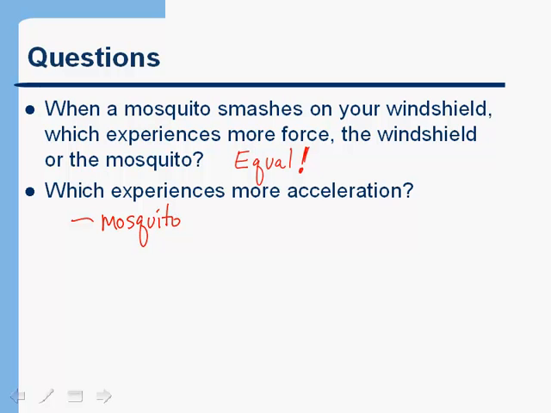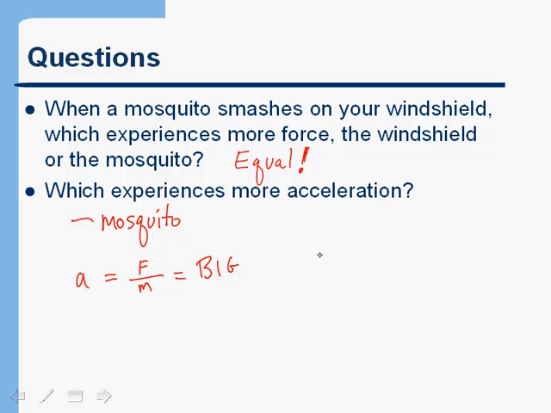The reason for that is, if we look at the acceleration of the mosquito, the force that the mosquito exerts on the windshield, and therefore the force that the windshield exerts on the mosquito, is very small. So I'll just represent that with a little f here. Now, the mass of the mosquito is also small, and so the acceleration is big.